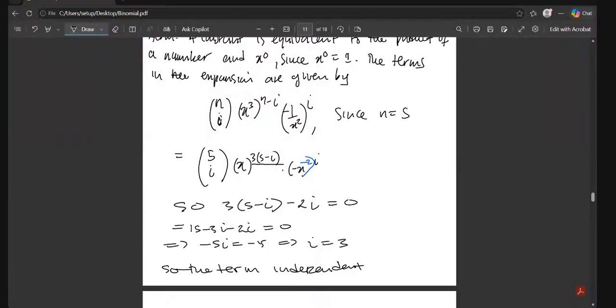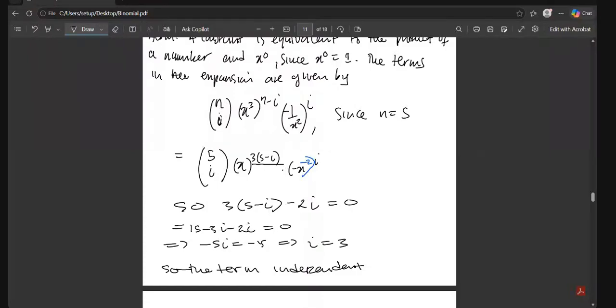So here, your job is to look for the value of I that will make these two powers cancel out, or that makes the power equal to 0. It doesn't matter whether the base is x or negative x.